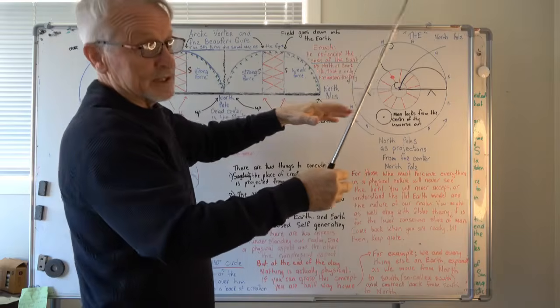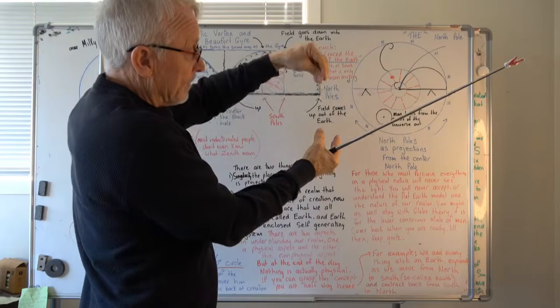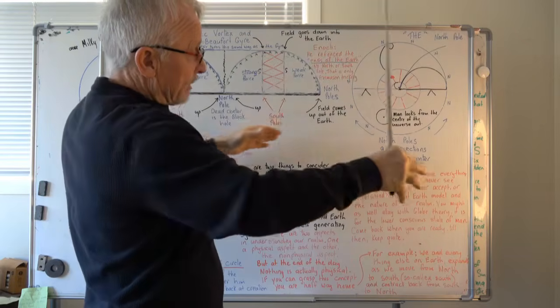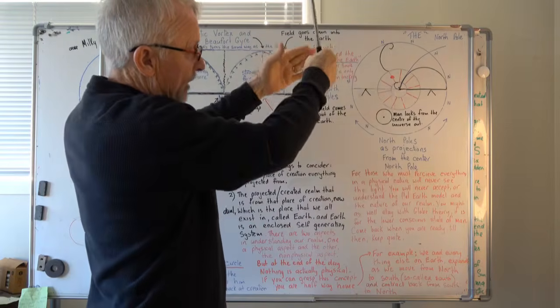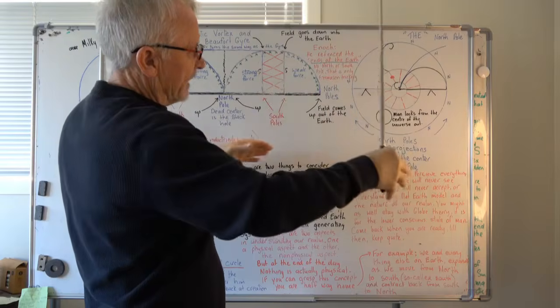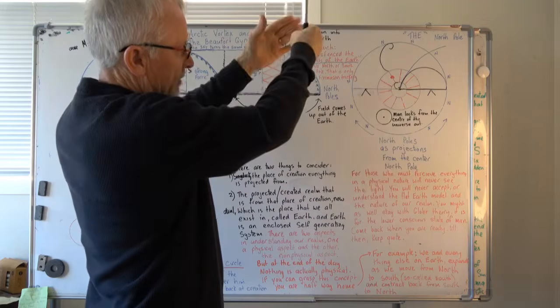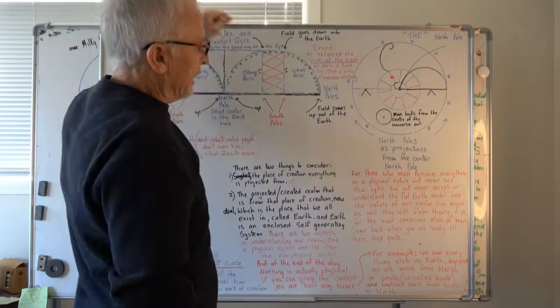Well, that's what happens in the December solstice. And then the magnetic field comes back up. Up and in, down and out. This is what Earth's toroidal field is doing over the year. Expansion, contraction, expansion, contraction. That's what happens over a year.